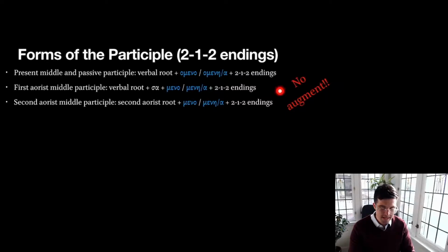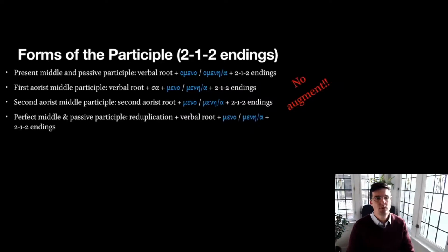And with these two, again, notice there is no augment, and that is because why? Yep, you're right. It is because the augment only occurs in the indicative mood, so there is no augment for participles or for any of the other moods. Augment only occurs in the indicative mood.